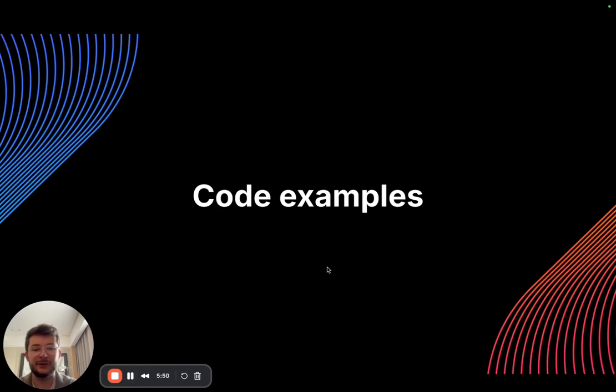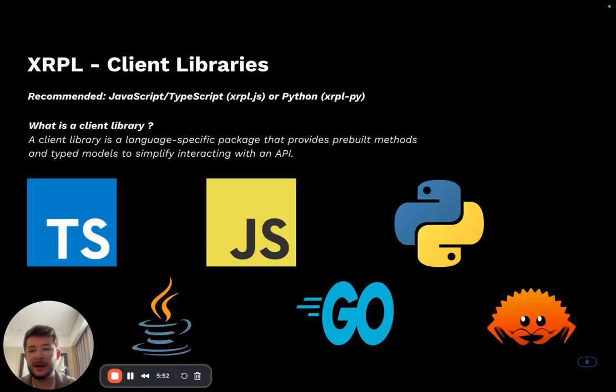Now let's dive into some code examples. To interact with XRPL, we have many client libraries available for you. Basically, a client library is a language-specific package that provides pre-built methods and type models to simply interact with a single API.